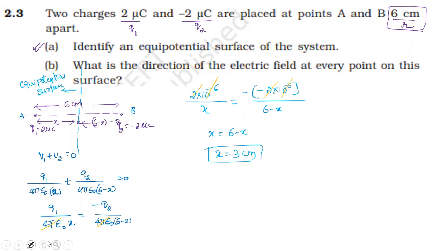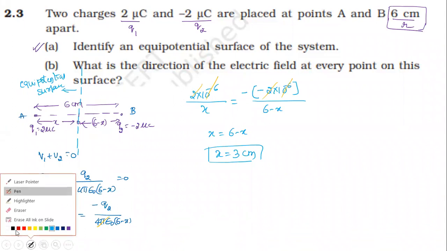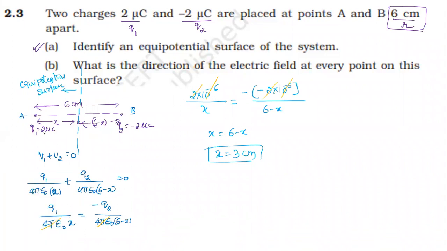Since Q1 is positive charge and Q2 is negative, the direction of electric field is from A to B, in this direction. So it is from Q1 to Q2 and perpendicular to the equipotential surface.